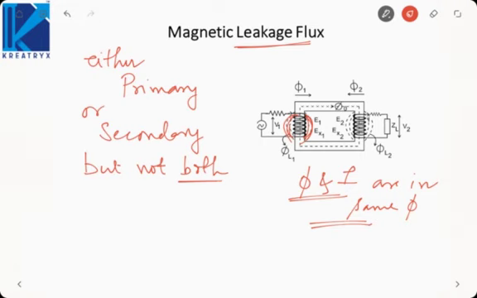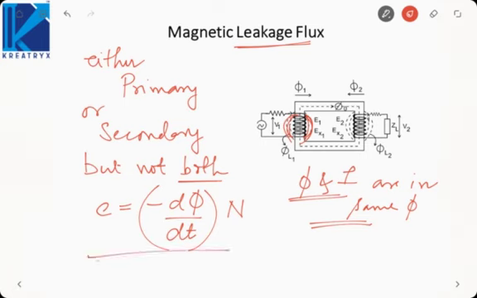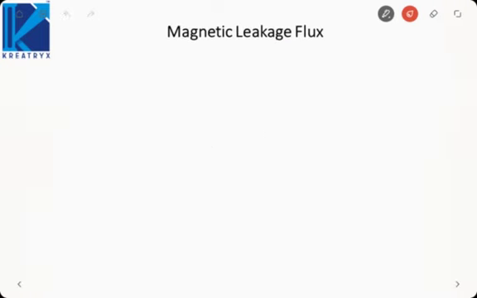Now, due to this leakage flux, there will be some EMF induced. That EMF induced will be considered as a voltage drop in the case of the transformer, because every flux will lead to an EMF, minus d phi by dt into number of turns, according to Lenz's law, and every EMF will lead to a current. So we consider this EMF as a voltage drop in the circuit, and we consider that voltage drop by a reactance.